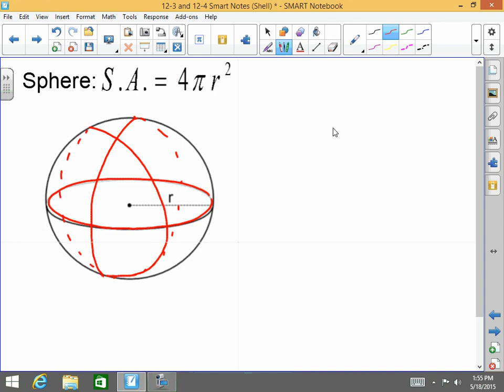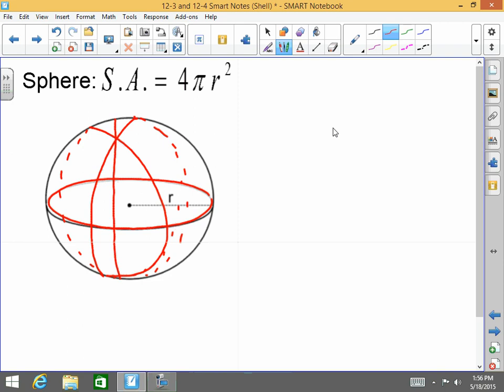And then a circle down the middle, okay? So it's basically 4 circles that are put together and set in a rotation. So just remember that a sphere is 4 circles put together and then rotated.